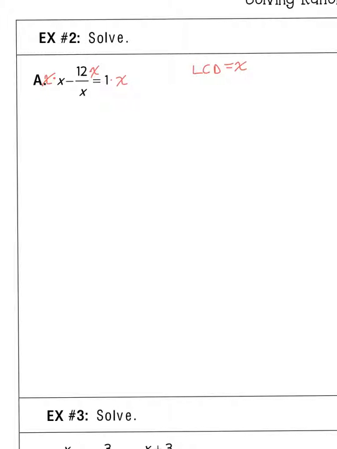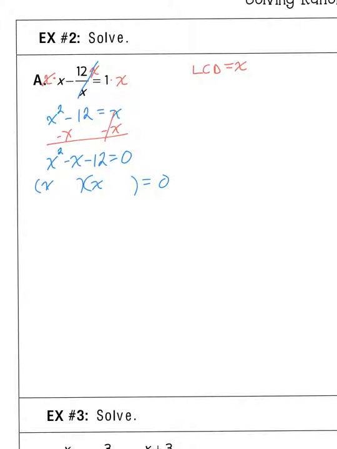So I end up with x squared, and then these x's are going to cancel, so I have minus 12 equals x. I want to move everything over to the side where my highest degree term is. So I get x squared minus x minus 12 equals 0. We'll want to factor this.